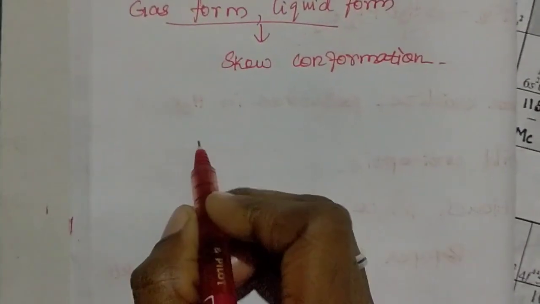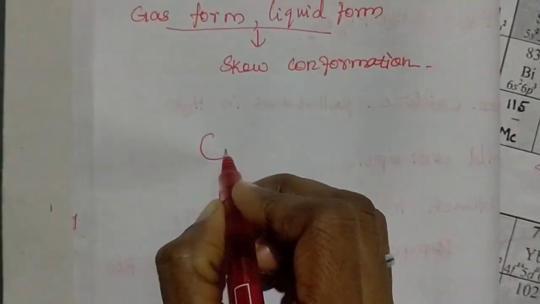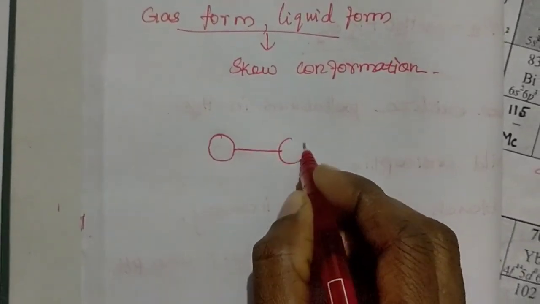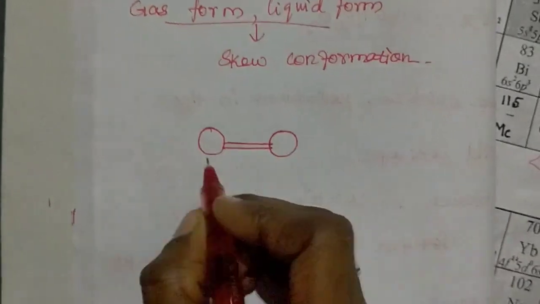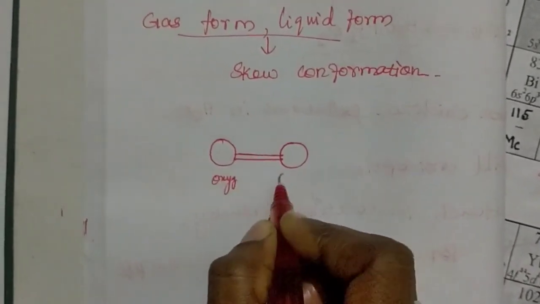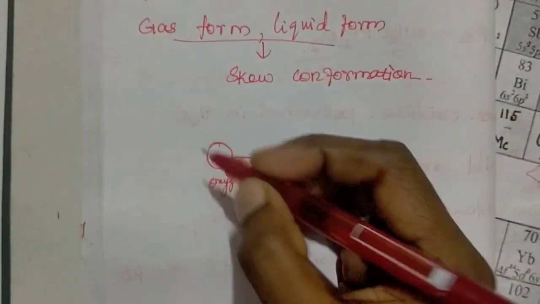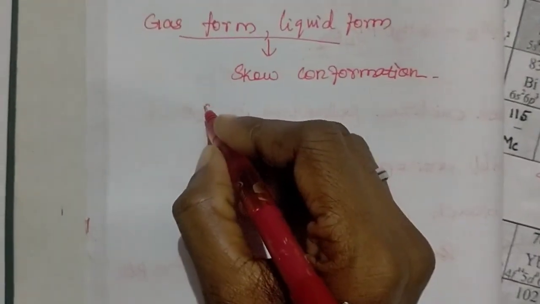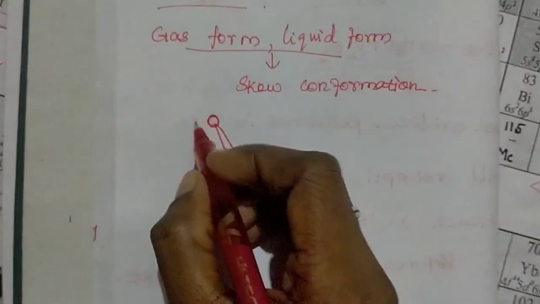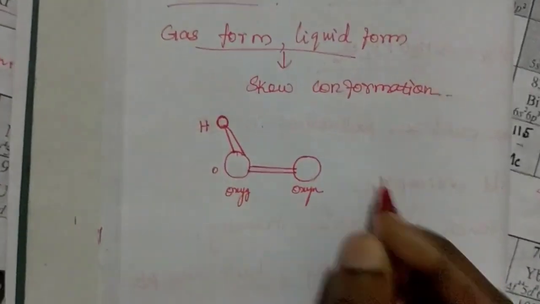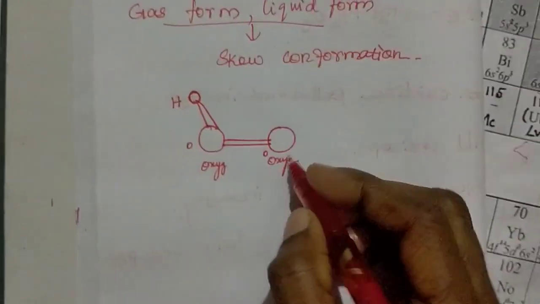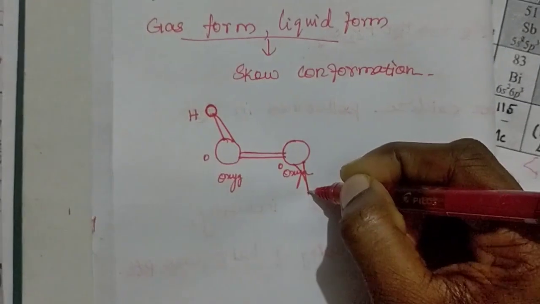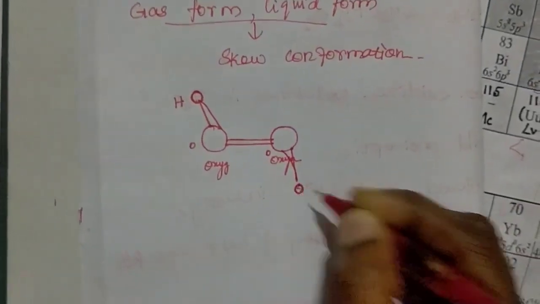Skew conformation means it will show a skew structure. This is oxygen, this is also oxygen. The first oxygen is connected with one hydrogen. This is hydrogen, this is oxygen, this is also oxygen, and this oxygen is connected with another hydrogen.